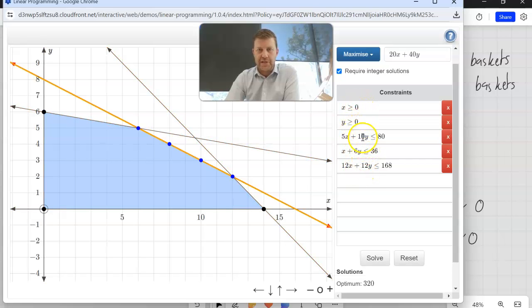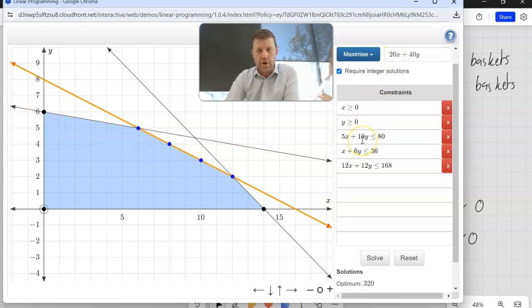In this case, it's matching up with this one here that I'm now highlighting in orange on your screen, because the coefficient of x here, or the value of A, which is 5, is a factor of the coefficient of x up here, or A, which is 20. So 5 is a factor of 20.